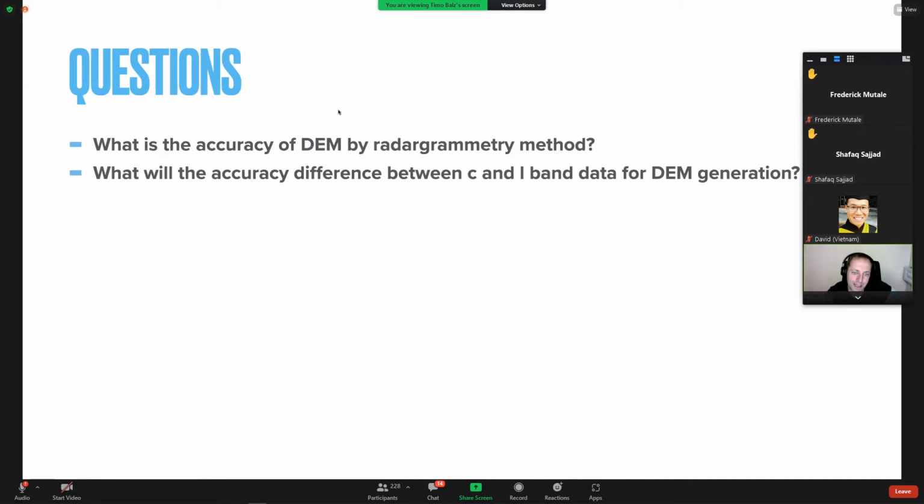However, in practice, that may not always be true, because L-band is less affected by noise, and depending on the overall situation, may work better and give you at the end even a better accuracy. However, just theoretically speaking, by the book, C-band will give you higher accuracy than L-band. In radargrammetry, it depends on the pixel size.